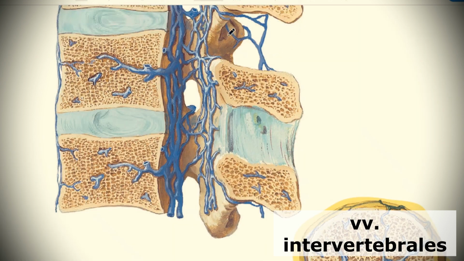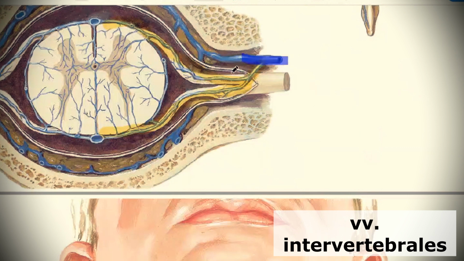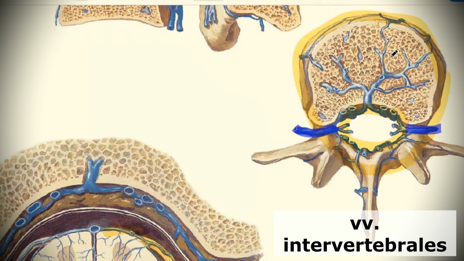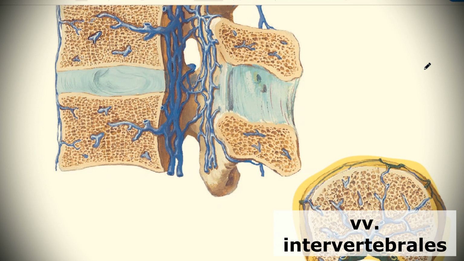The intervertebral vein goes out of the vertebral canal through the opening, foramen intervertebrale. There it gets one more tributary, vena dorsalis, that drains blood from the skin of the back and all muscles of the back. And then the intervertebral vein falls into the vena intercostalis posterior.